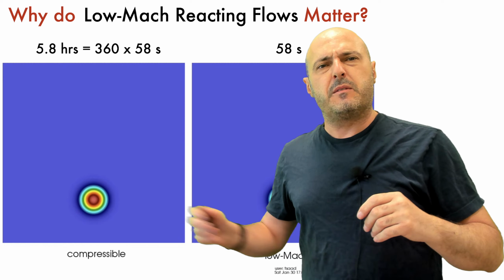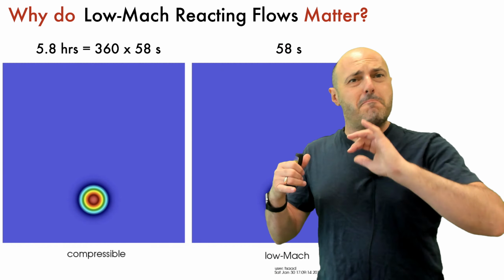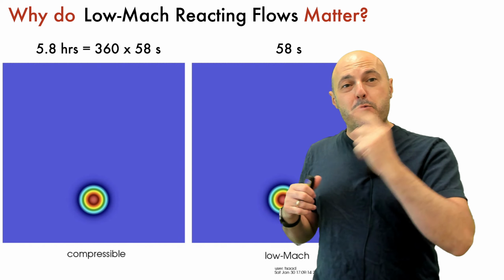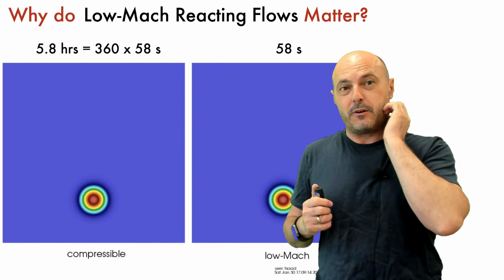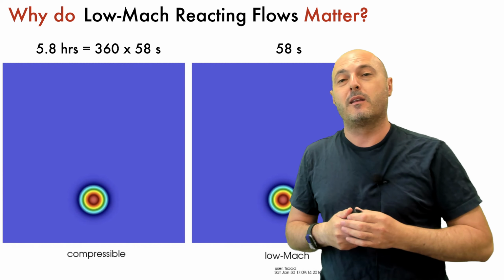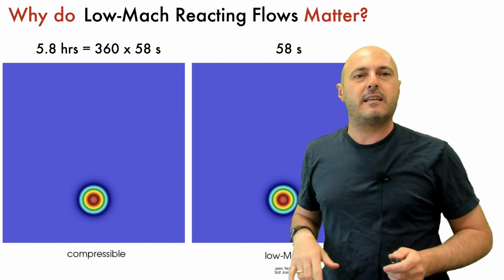This Mach number is about 10 to the minus 3 for this problem. So every 1,000 time steps, I move this bubble by a single grid point. Yet pressure waves are going back and forth, no problem. This simulation took 5.8 hours, let's say 6 hours.